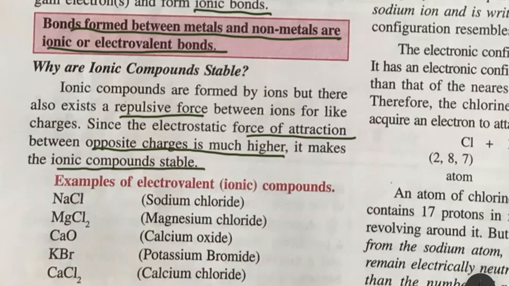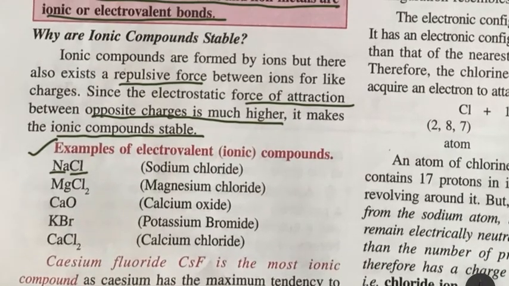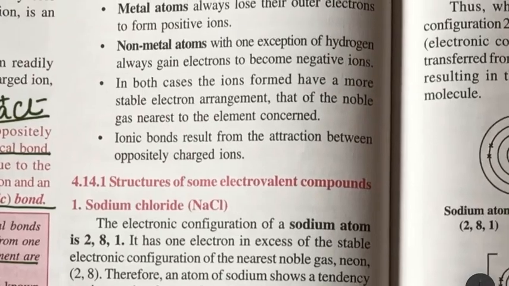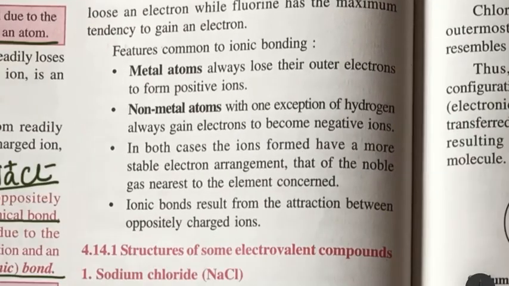Now these are the examples of ionic compounds formed between a metal and a non-metal, sodium chloride. Now cesium fluoride is the most ionic compound, as cesium has the maximum tendency to lose an electron, while fluorine has the maximum tendency to gain an electron.